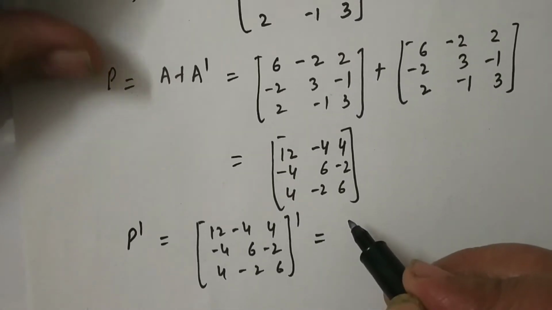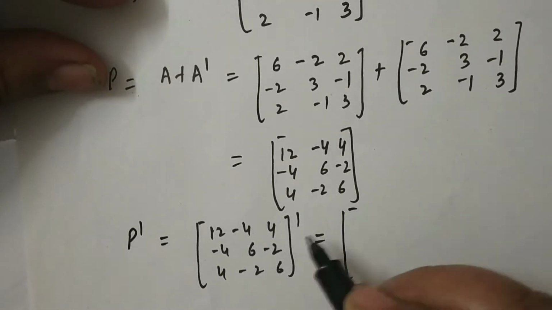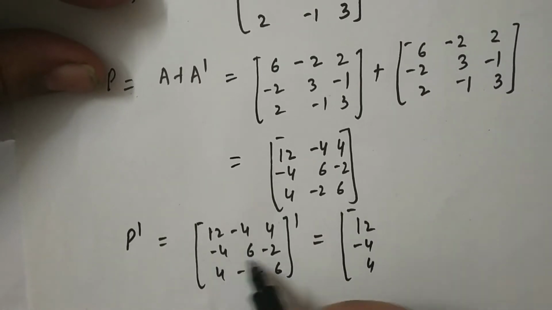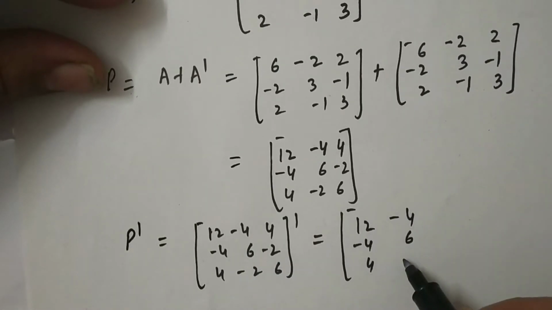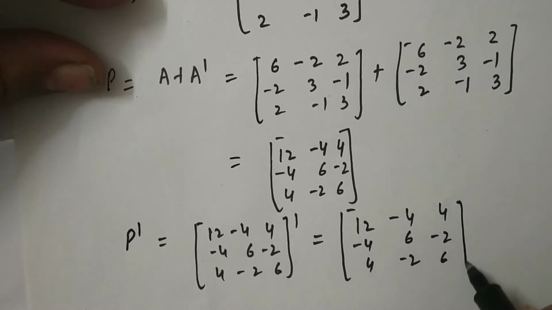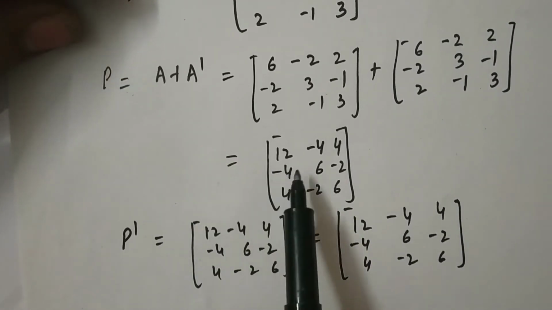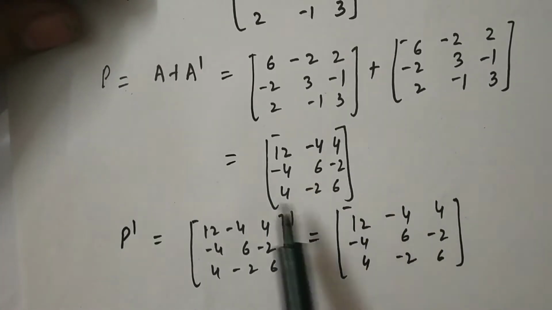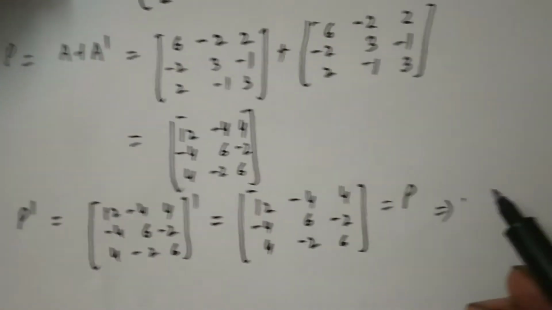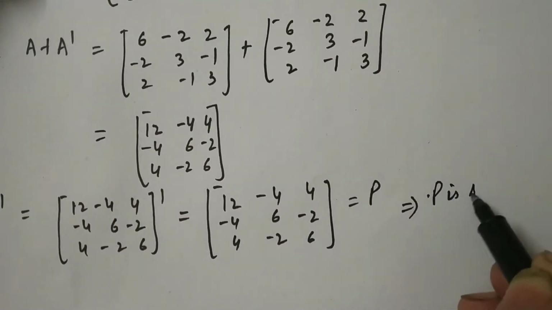Row becomes column, this row becomes the column, and if I compare, this is just the same as P, which implies that P is symmetric.